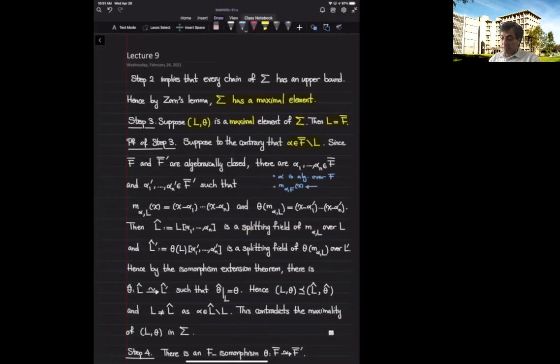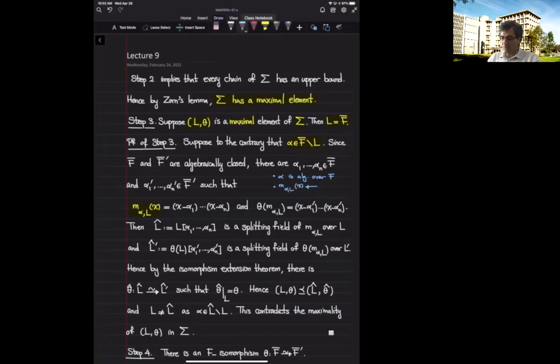That means the minimal polynomial of alpha over F, not over... Do I want to do it over F or? Okay, so here I'm working with L, so let's do it over L, sorry. I want to extend my map from L to this larger field.